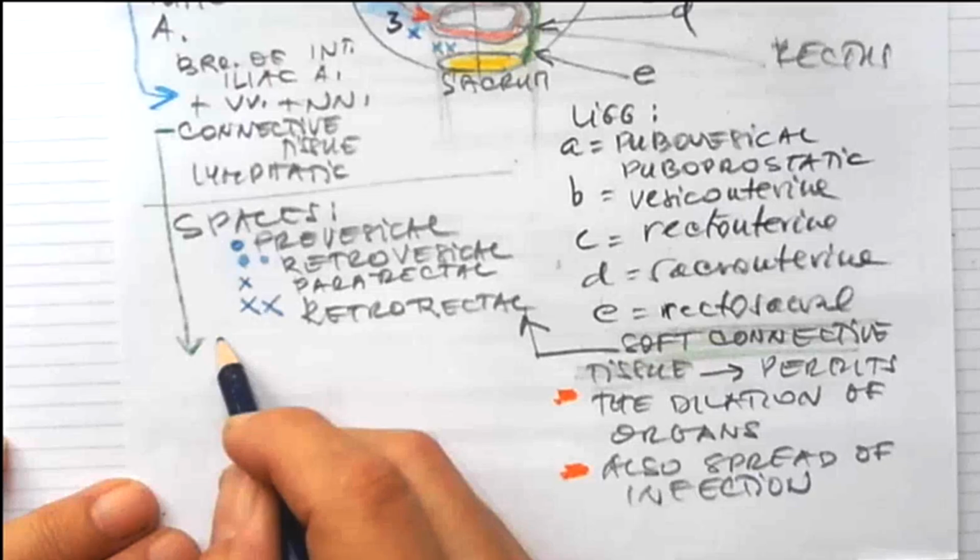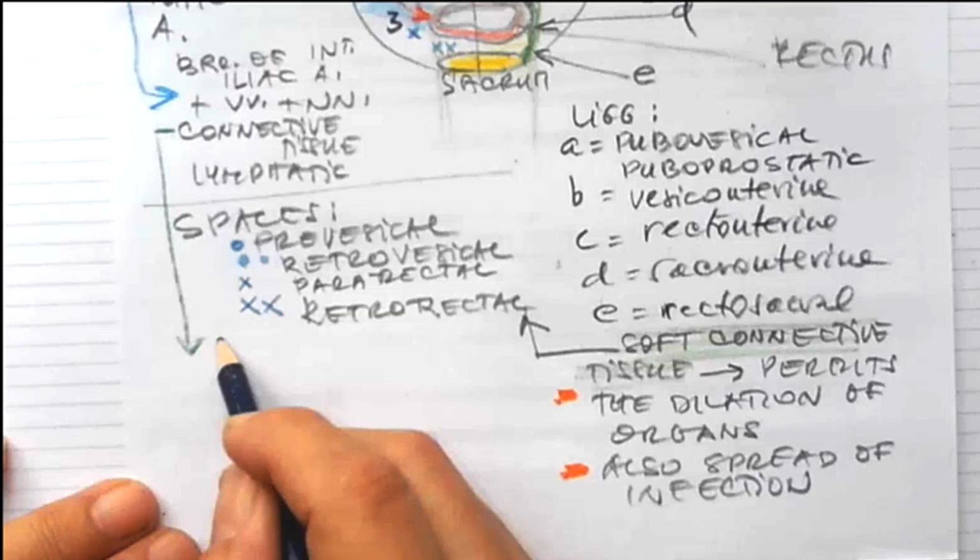Next page, please. In the next page, what do we see? We see another important relation, which should be mentioned, and this is the relation of the uterine artery and also the ureter.